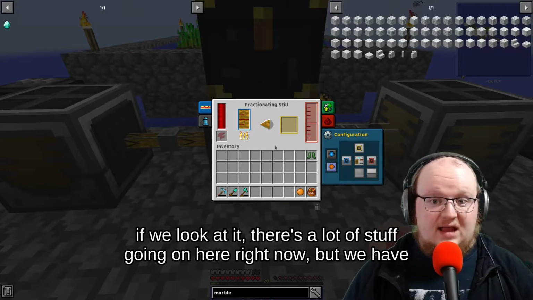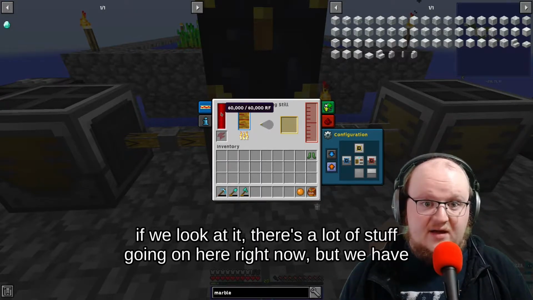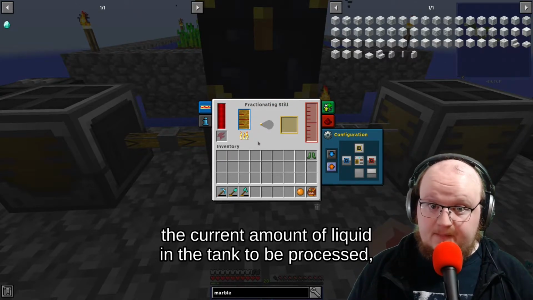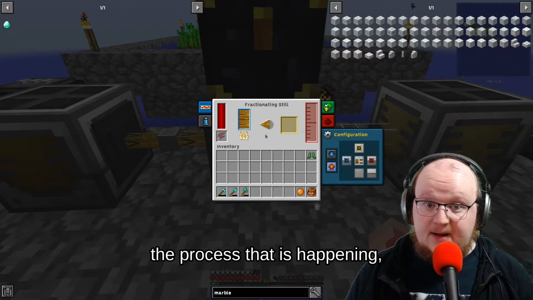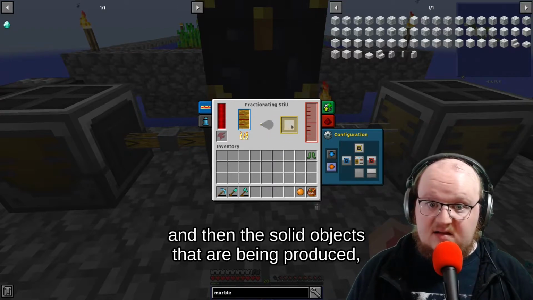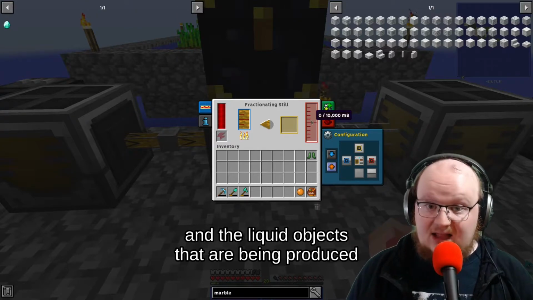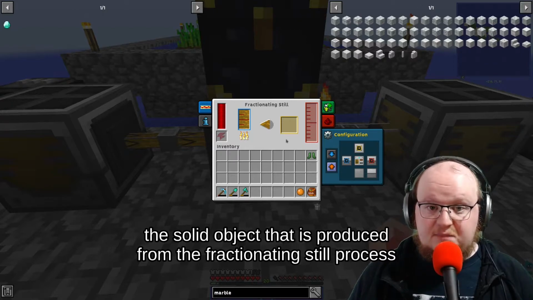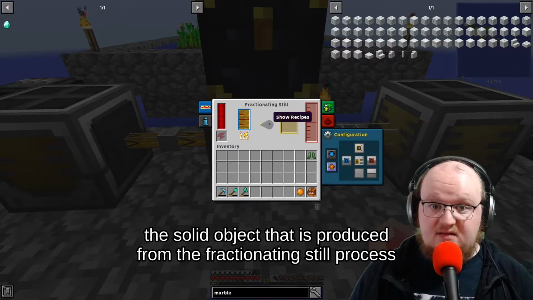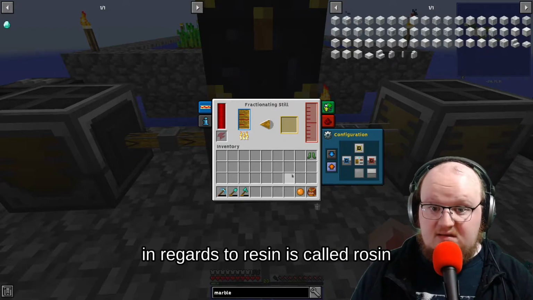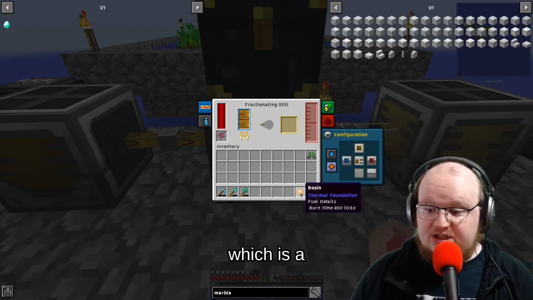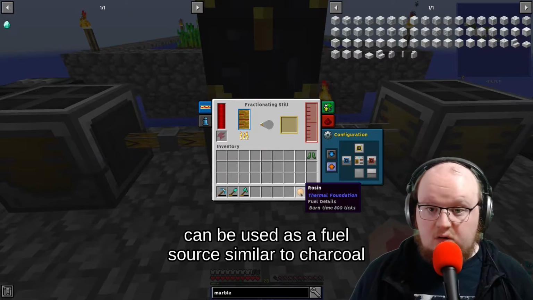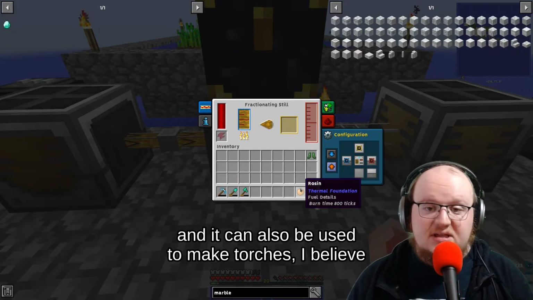If we look at it, there's a lot of stuff going on here right now, but we have power storage, the current amount of liquid in the tank to be processed, the process that is happening, and then the solid objects that are being produced, and the liquid objects that are being produced. The solid object that is produced from the fractionating still process in regards to resin is called rosin, which can be used as a fuel source similar to charcoal, and it can also be used to make torches, I believe.